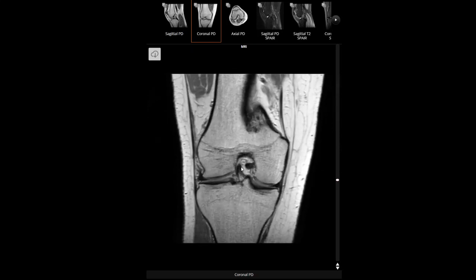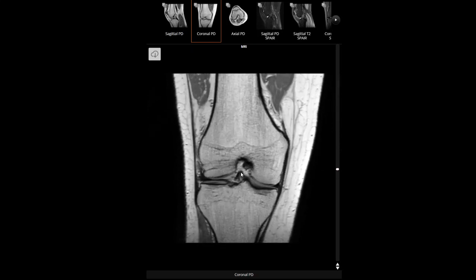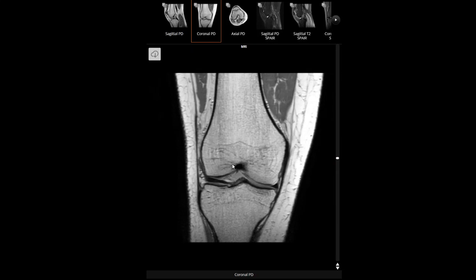If I keep moving the plane of section backwards, it won't be visualized as a continuous structure because these are coronal sections. Because we are moving from anterior to posterior, the lowest part of the anterior cruciate ligament, which is the most anterior part of it also, will be visualized first, and as I move the plane of section backwards, we will be able to see the anterior cruciate ligament going upwards and backwards.